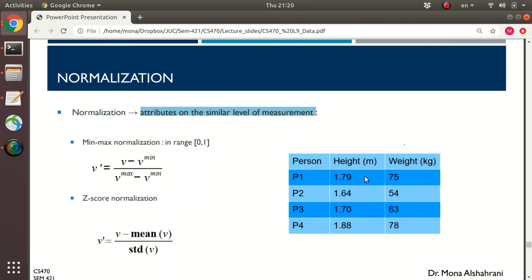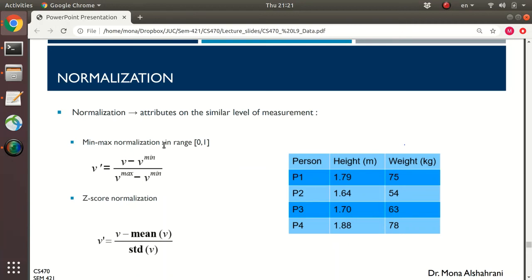So a common technique is to normalize these values to make them at the same range, so that when you use the machine learning algorithm, these attributes do not dominate one another, and therefore they will not affect the classifier or the machine learning algorithm during the learning phase.